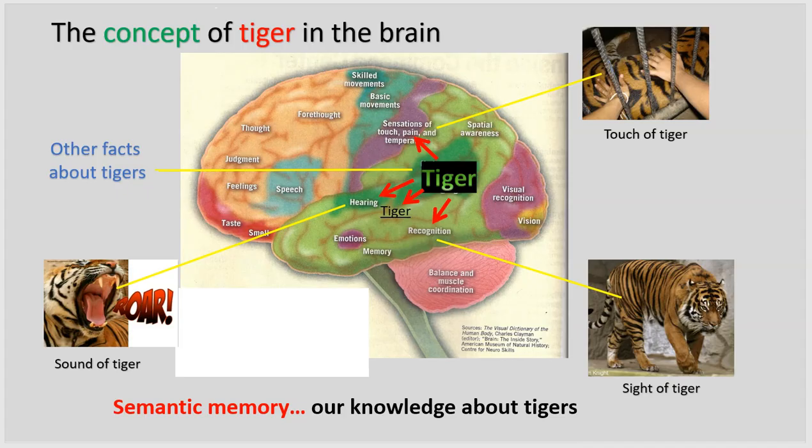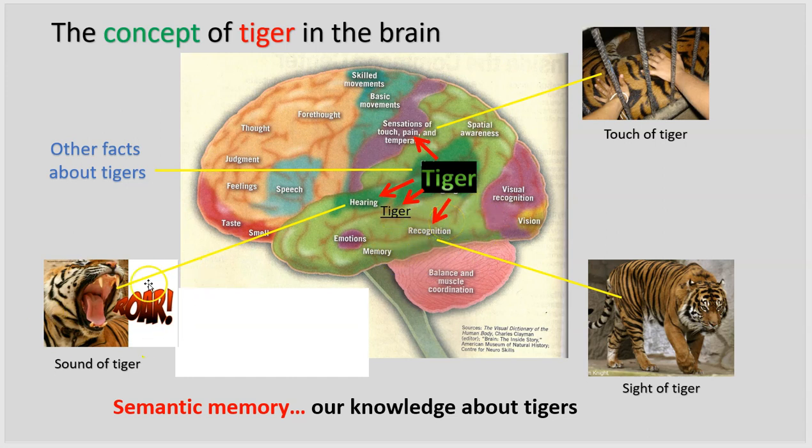So what would it look like in our brain to have knowledge, say, about tigers? Well, given the back of the brain here has the sensory systems, scientists think that these sensory perception areas are also the locations where brains are storing important aspects of memory for different things in the world. So, for example, the memory for what a tiger looks like would be stored in the visual areas.